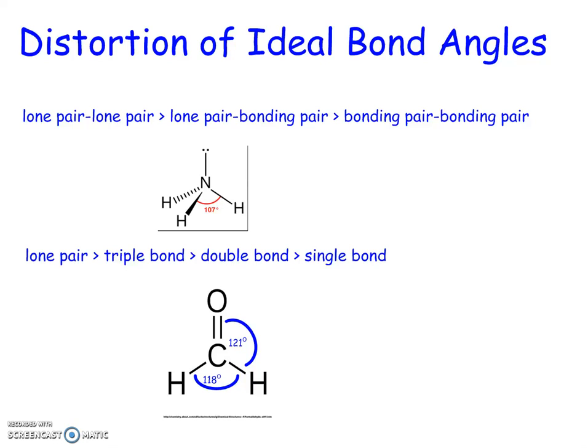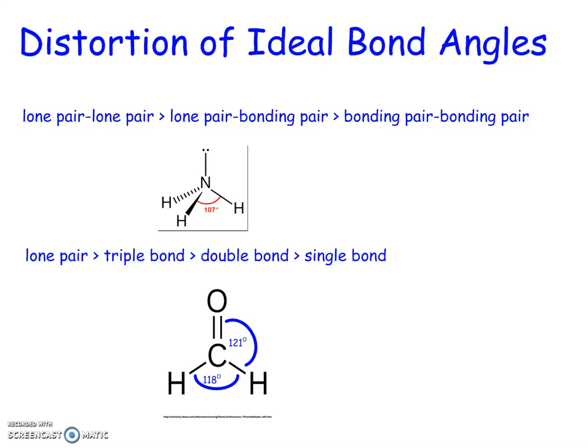The ideal bond angles that are discussed in the electron pair geometry are if all of the electrons are repelling each other equally. However, lone pairs have more of a repelling strength than bonding electrons.